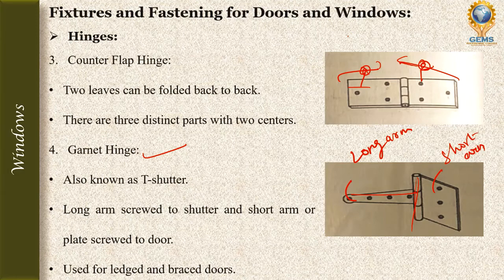The long arm is screwed to the door or window shutter and the short arm is screwed to the frame. Mostly this is used in ledged and braced doors. Nowadays we are not using ledged and braced doors, so we are not using this garnet hinge also.